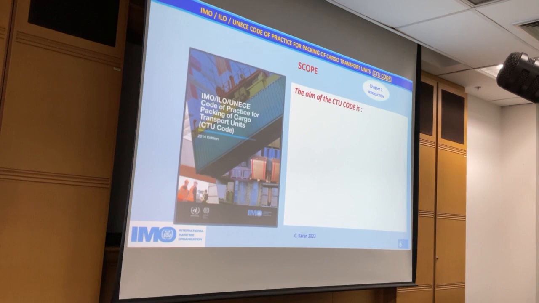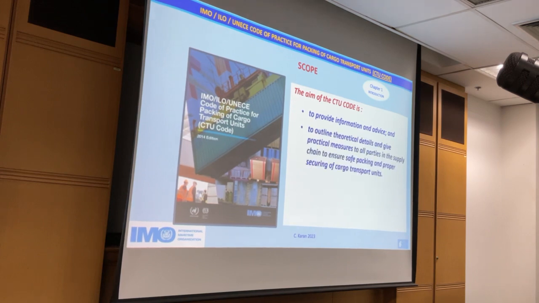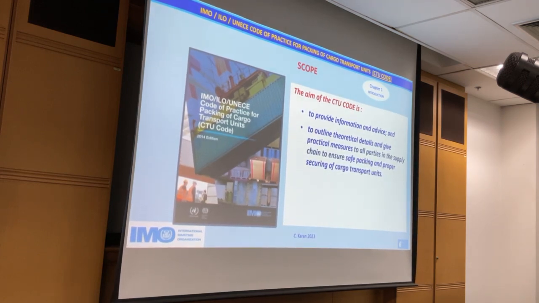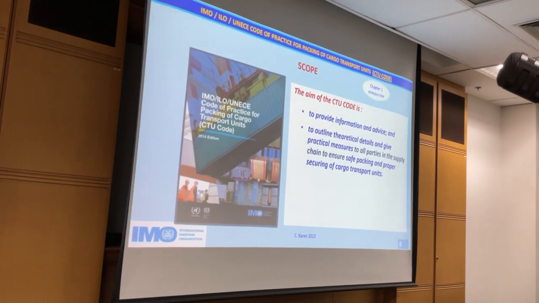The aim of the CTU Code is to provide information and advice, to outline theoretical details, and give practical measures to all parties, all stakeholders in the supply chain, so that it will ensure safe packing and proper securing of cargo transport units.